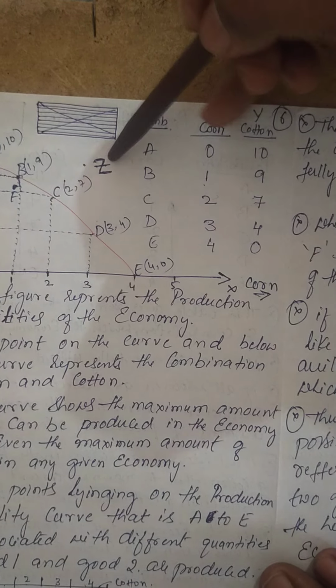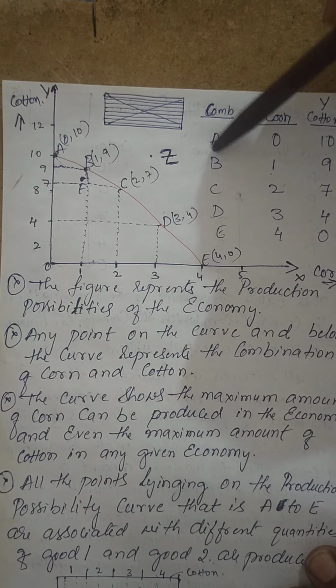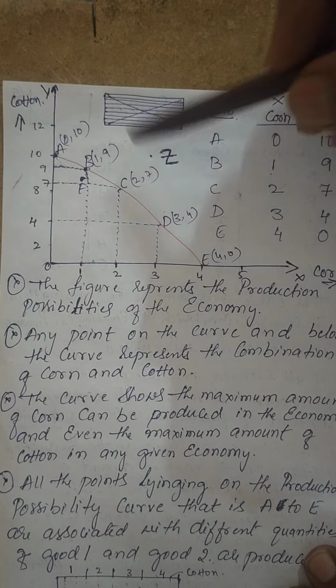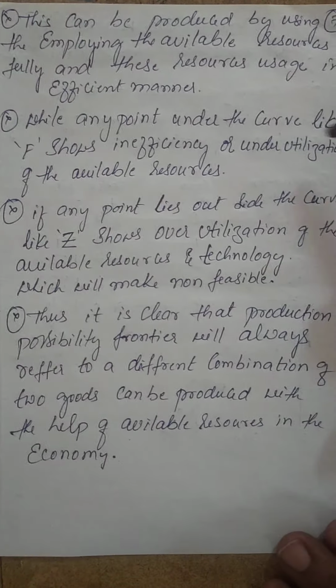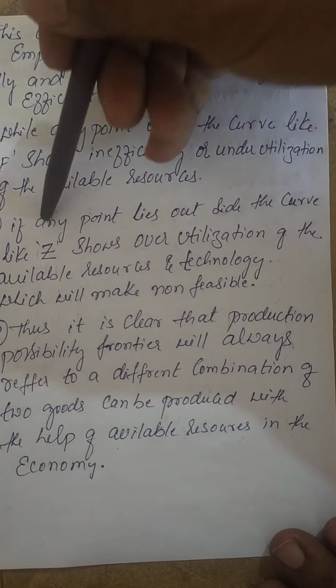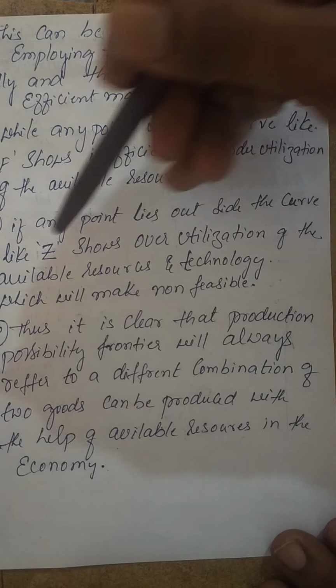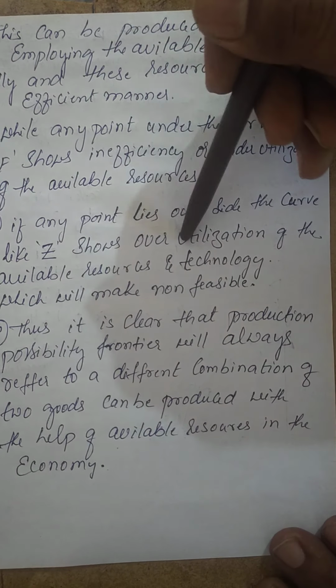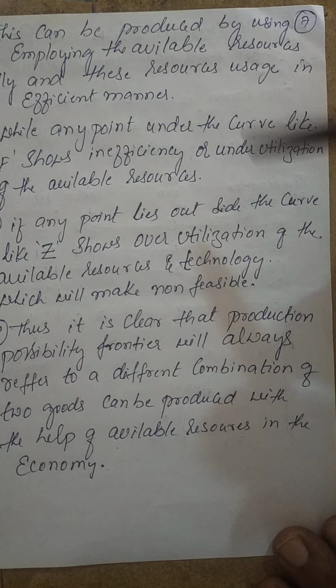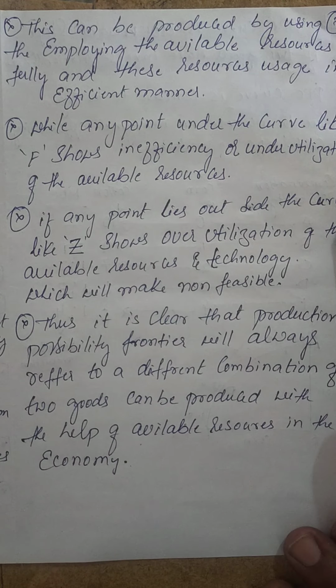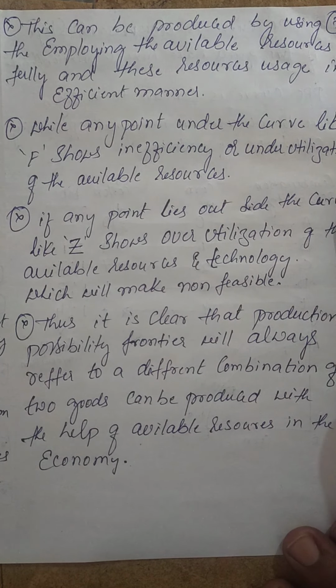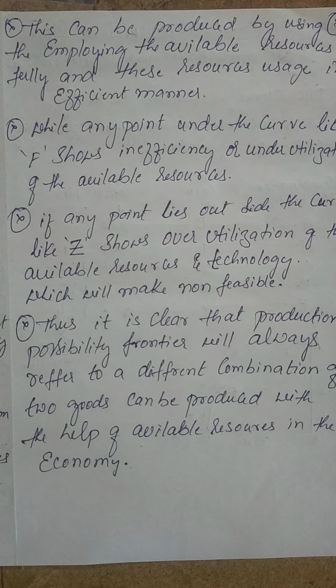Next point, which is Z. As we have seen, Z is outside the curve. If any point lies outside the curve, which is Z, it shows overutilization. See, this particular term we should be very specific about. Overutilization means you are utilizing the resources to the maximum level.